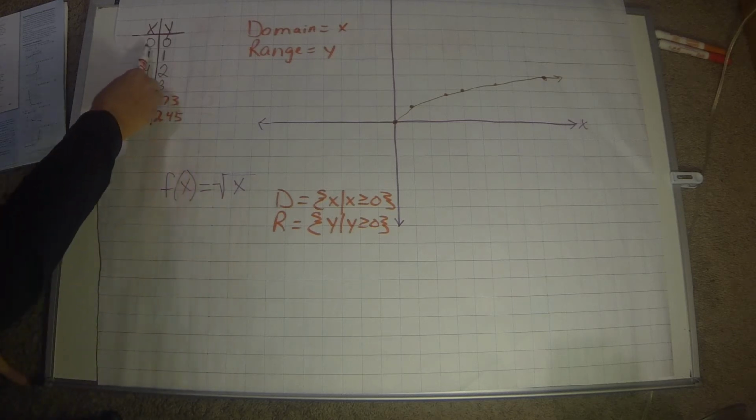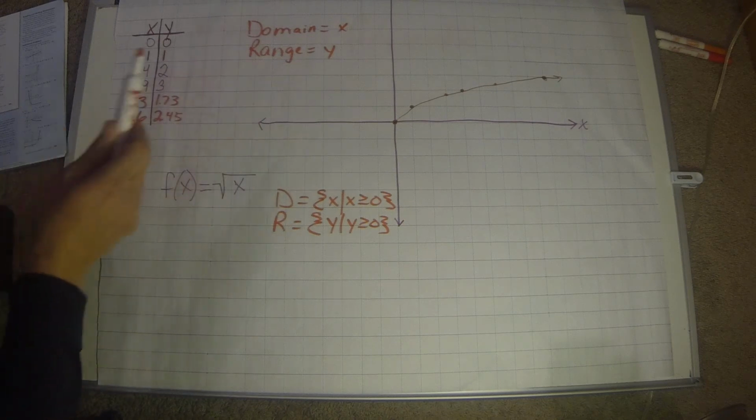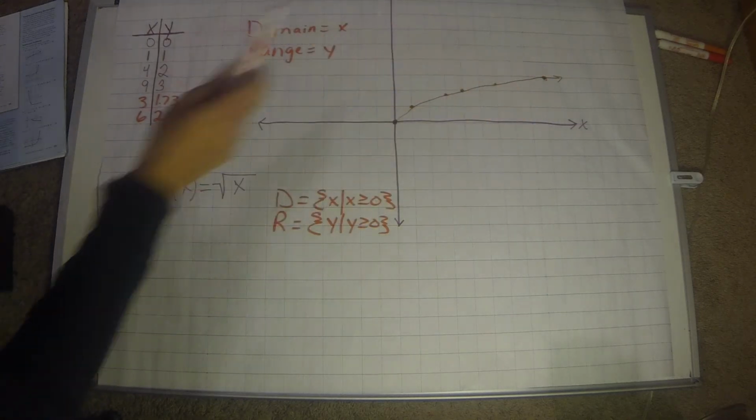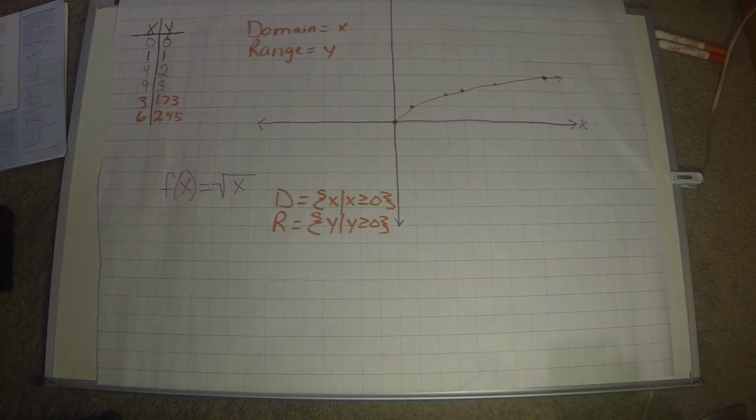So here we would plot the points and then connect those points, and as you can see, it's not a straight line, it is an arc starting from the origin and continuing to infinity, or positive infinity.